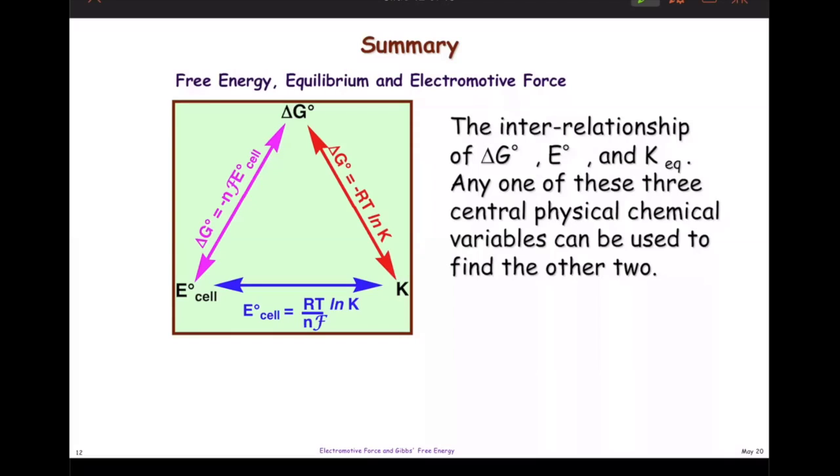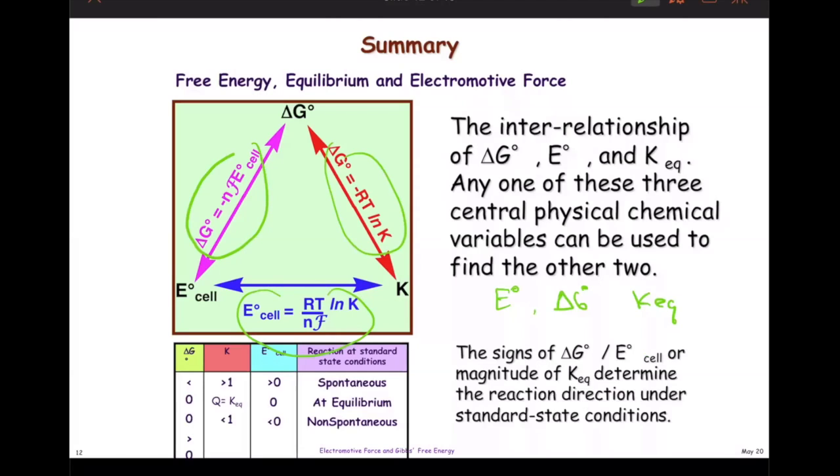I forget which one. So in summary, these are the relationships. We have a relationship between electrochemical potential, free energy, and K equilibrium. And these are the mathematical relationships that take you from one to the other. In summary, we're always looking at spontaneity. When delta G is negative, it's spontaneous. When K equilibrium is greater than 1, it's moving in the forward direction.